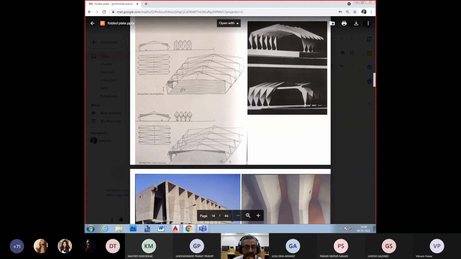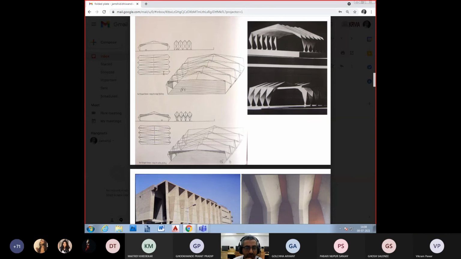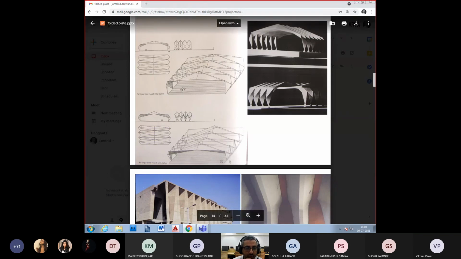Again, he's using the frame, whereby he uses the folded plate both as a walling as well as a roofing system. Here it actually works as a large span structure with a ridge created, and these undulations along the walls actually help in being able to drain off water.